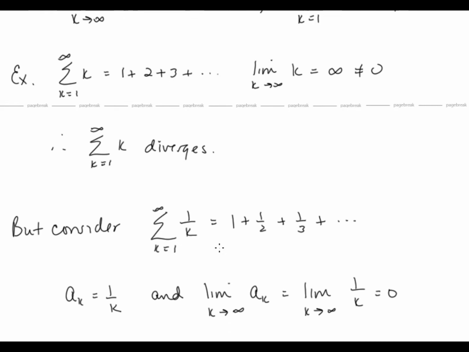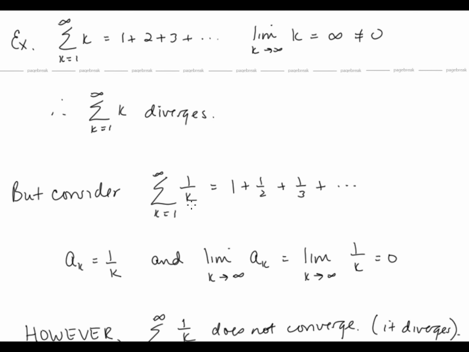But this is a really important example here. This series, k going from 1 to infinity, 1 over k, this is 1 plus a half plus a third plus a fourth, etc. These terms do go to 0, but this series does not converge.